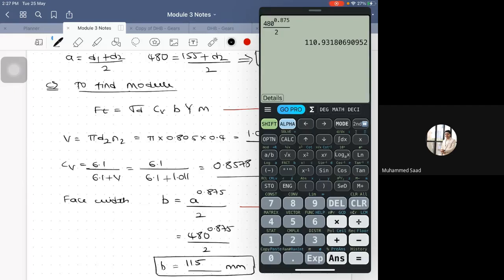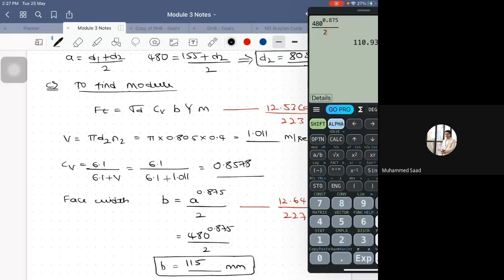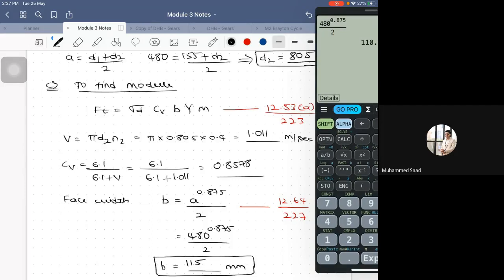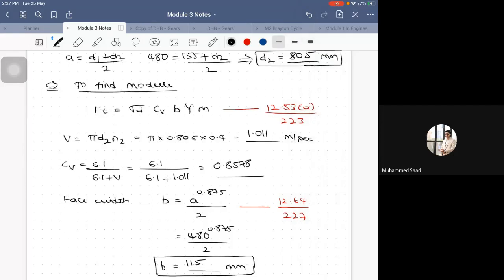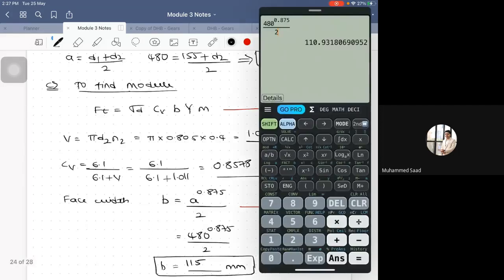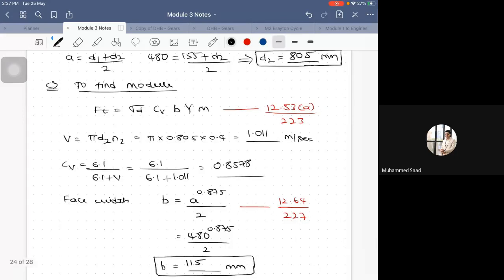I have directly written the approximated value. Did everyone get the value? 110 point something and 93, am I right?